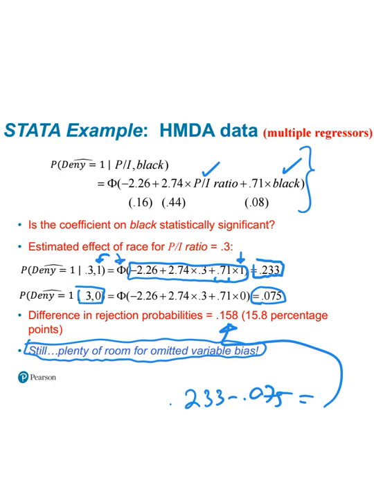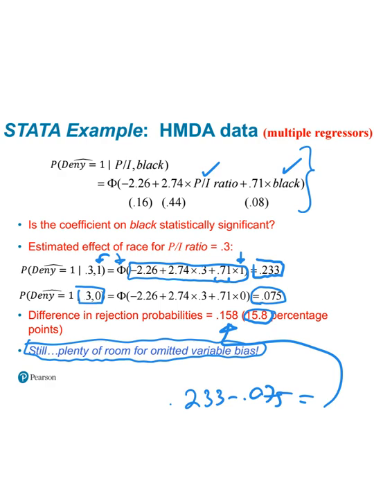So it's quite possible that although there does seem to be some racial bias, with almost 16 percentage points higher probability of being denied a loan just by simply being a black applicant, we still need to investigate a little bit further.